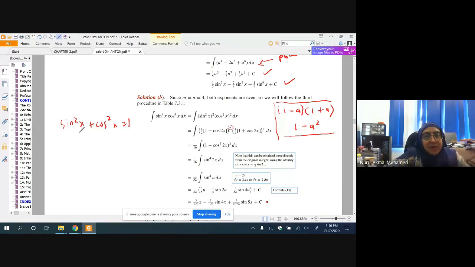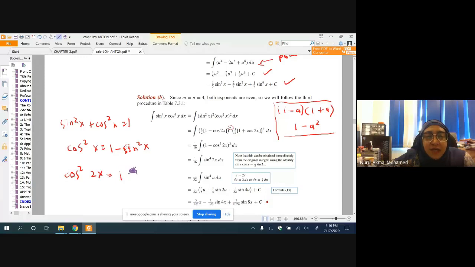So cos squared x is 1 minus sine squared x, and cos squared 2x can also be written as 1 minus sine squared 2x. So 1 minus this part will give you just sine squared 2x. And once you take the power of 2 into account, it will give you sine 2x to the power of 4.